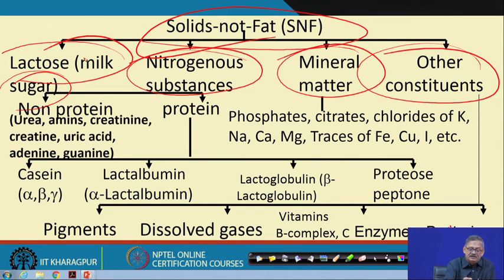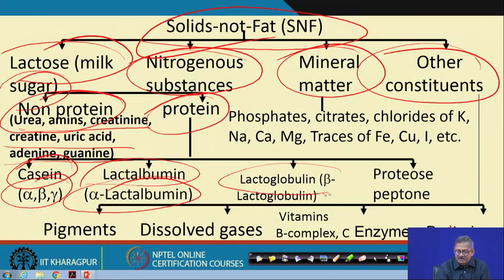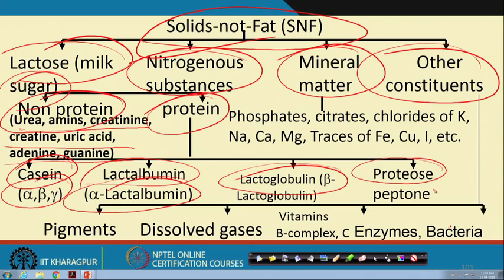Lactose is only the milk sugar, then non-protein substances like urea, amines, creatinine, uric acid, adenine, guanine, etc. In protein, that is nitrogenous substances, it is casein, alpha, beta, gamma, then lactalbumin or alpha lactalbumin, right. Then lactoglobulin, that is beta lactoglobulin, and proteose or peptone, right.